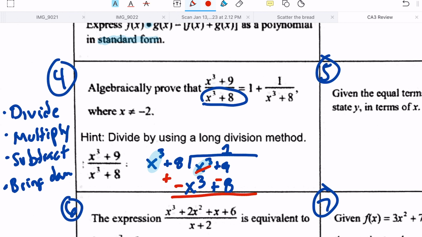So this cancels out. 9 minus 8, or 9 plus negative 8, is 1. So we have 1 plus 1 over x cubed plus 8, which is what we proved. So we proved that algebraically.